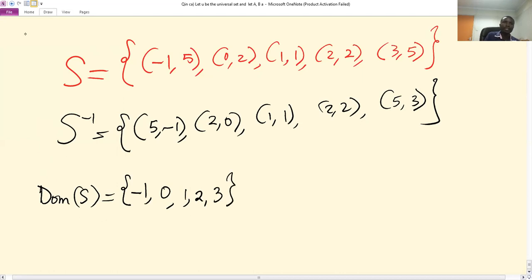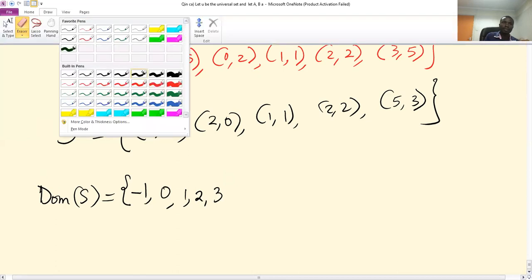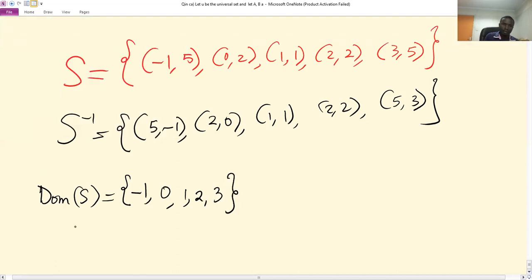And then the range of S, the set of all second elements, 5, 2, 1. 2 has already been written, 5 has already been written, so this is just what we have.